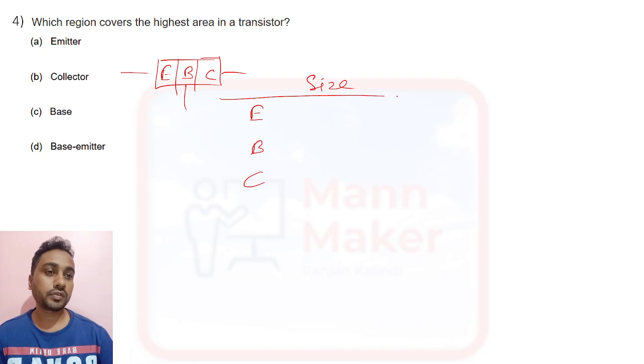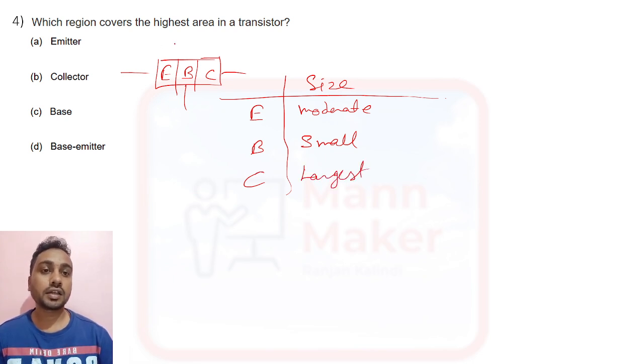If we talk about size, the emitter size is always moderate, the base size is small, and the collector size is the largest. Here they asked about the highest area, so who is covering the highest area? The collector. So option B is the right answer.